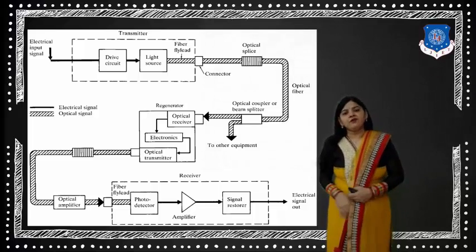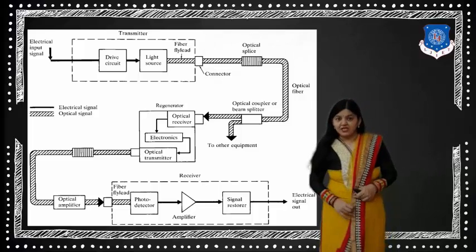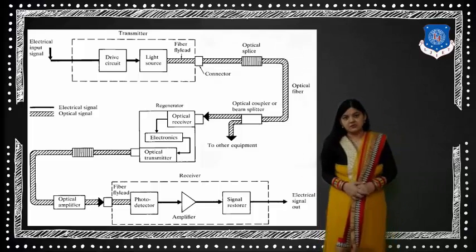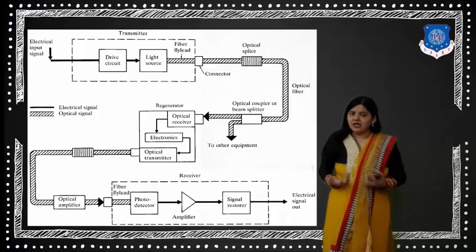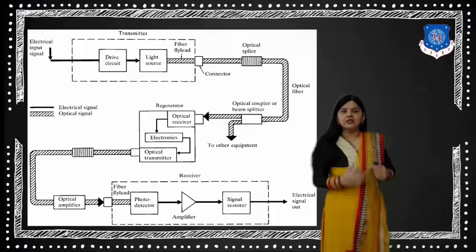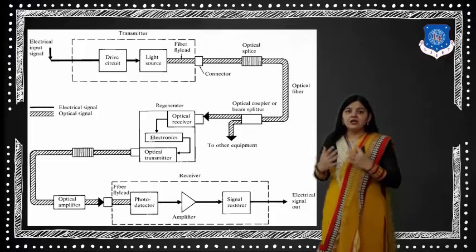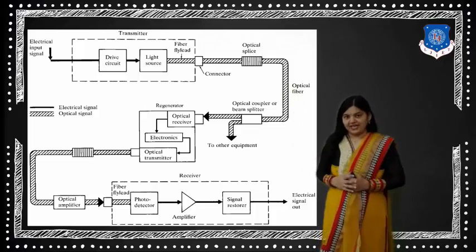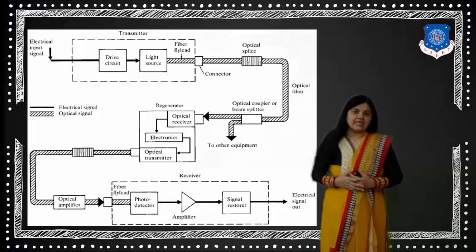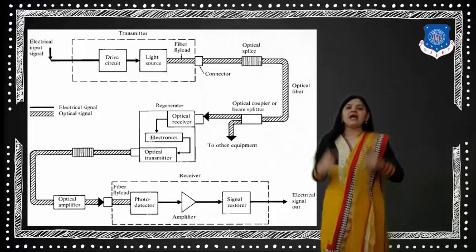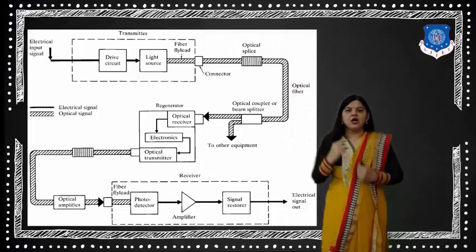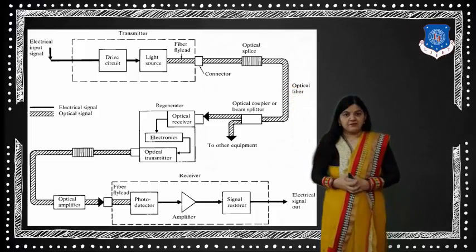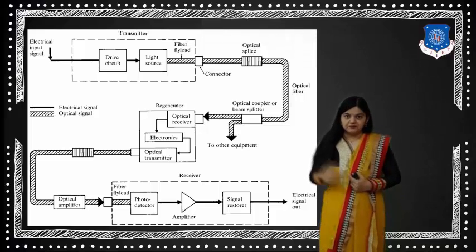Now whenever we need to transmit the optical signal over a large distance, sometimes it is mandatory to join two fibers. How can we join them? We can join two fibers using an optical splice. So the splicing technique can be used for combining or joining two fibers. So here we have the optical splice which will join the two fibers.